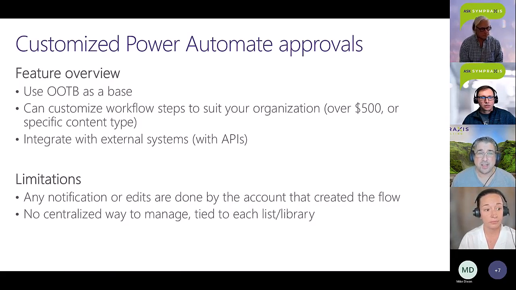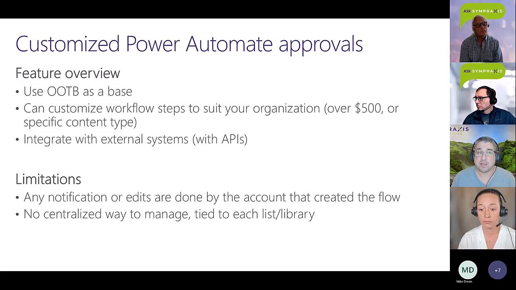It's hard to say yes, it's out of the box, but you do need to customize and configure it for every single library you're working in. So you've got to go into Power Automate and do all of those things. But the advantage is that because it is in Power Automate, you can take each and every instance of that and customize it however you need to.